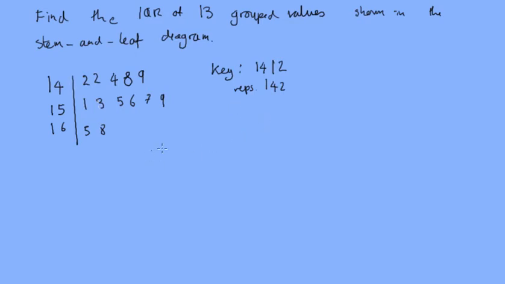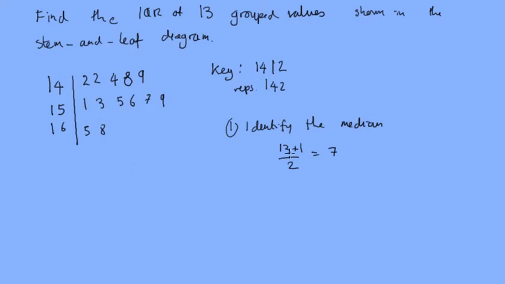So firstly we need to identify the median. So we have 13, so 13 plus 1 over 2 is going to be 7.